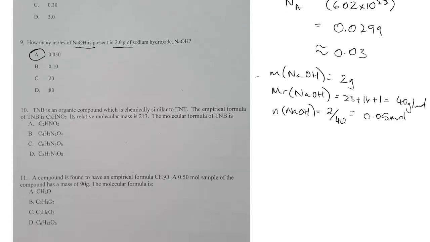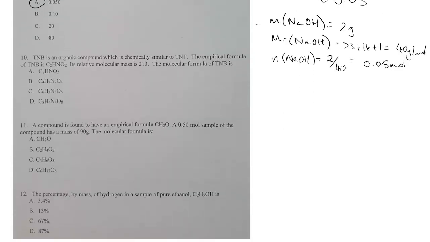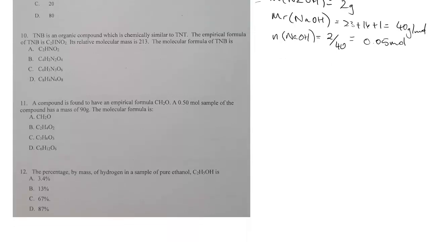Okay, question 10. TNB is an organic compound similar to TNT. Fantastic. The empirical formula of TNB is that. So I'm just going to write this down. Empirical: C2H3N1O2.